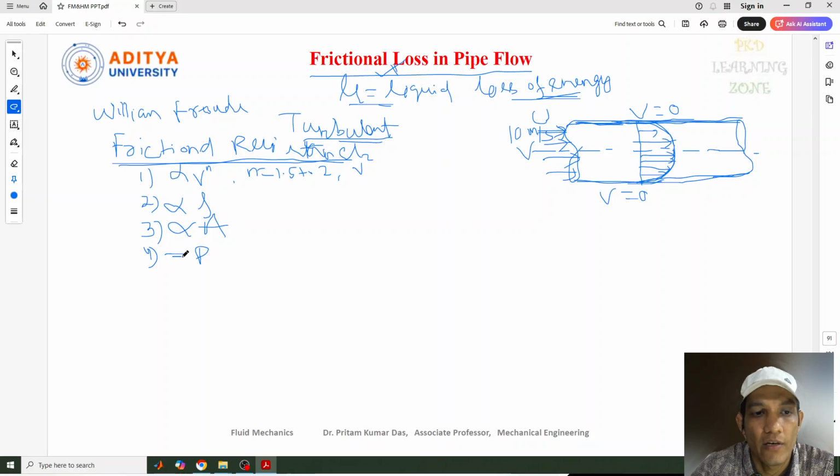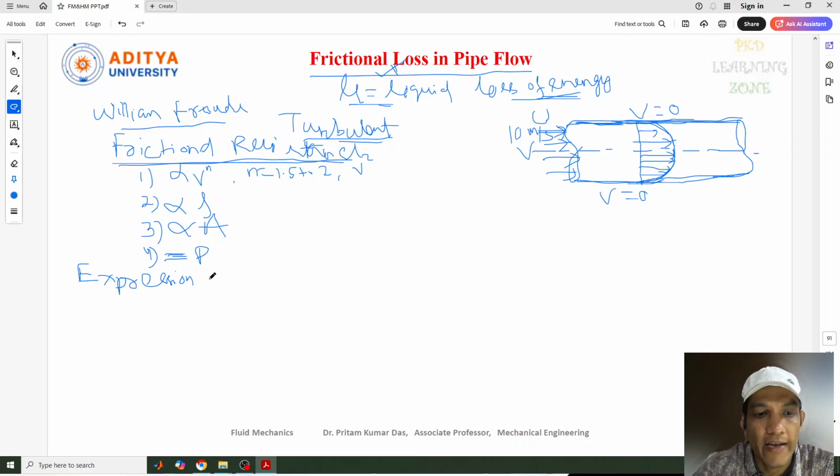It is not directly proportional to the pressure. So these are the points given by William Froude for this frictional resistance. Now for this we are going to derive an equation. What is the equation, or you can say expression?